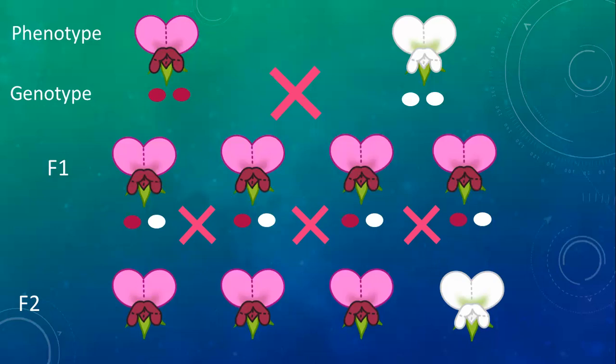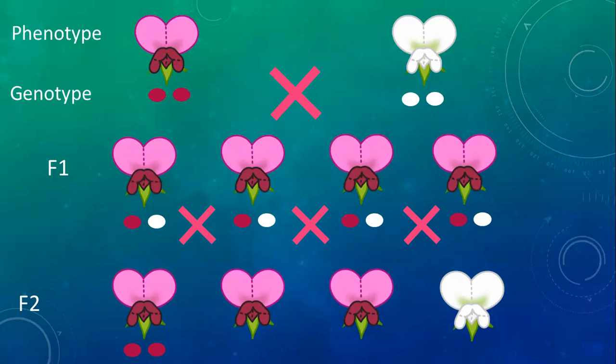But now when you cross these plants in the first generation with each other, each of them has one red and one white. And it's always a random choice whether the red allele from the one parent is chosen or the white one. So if you choose one red from the one parent and one red from the other parent, you get a red-red child.